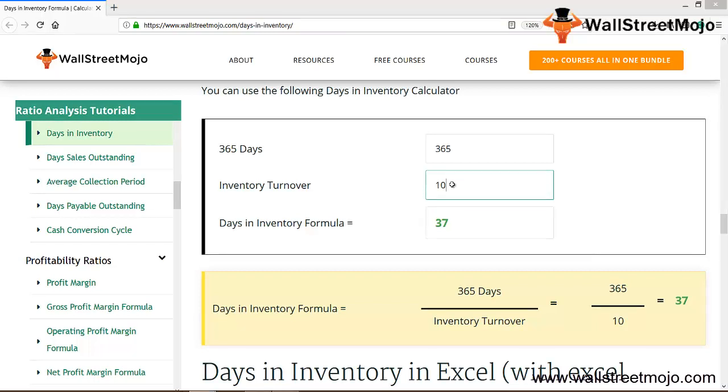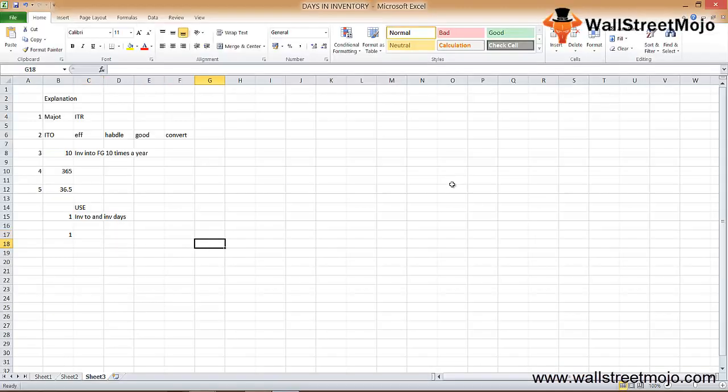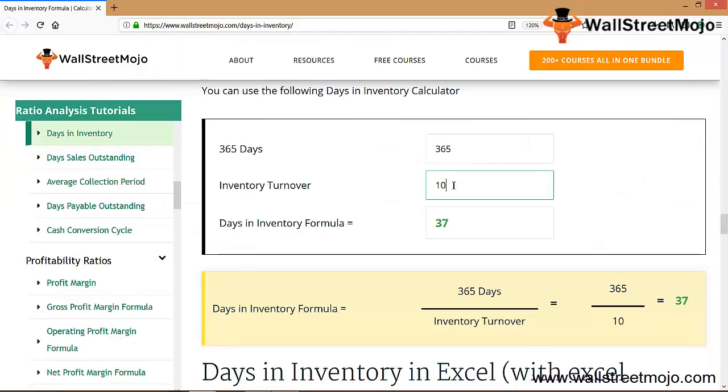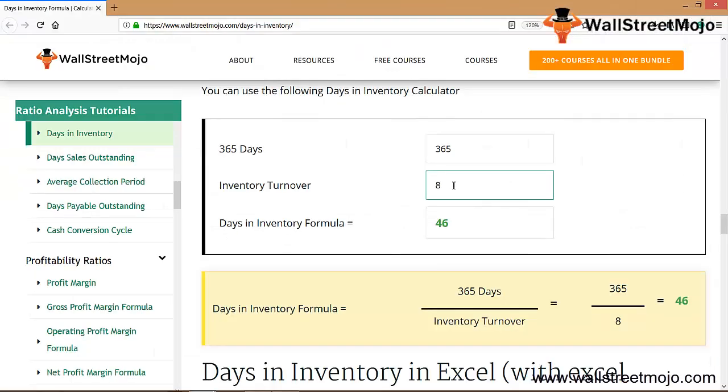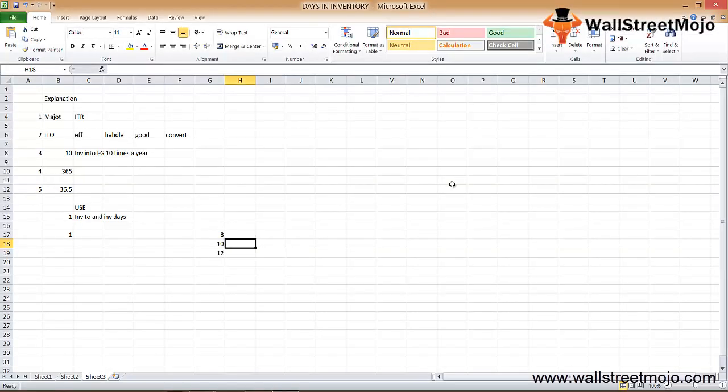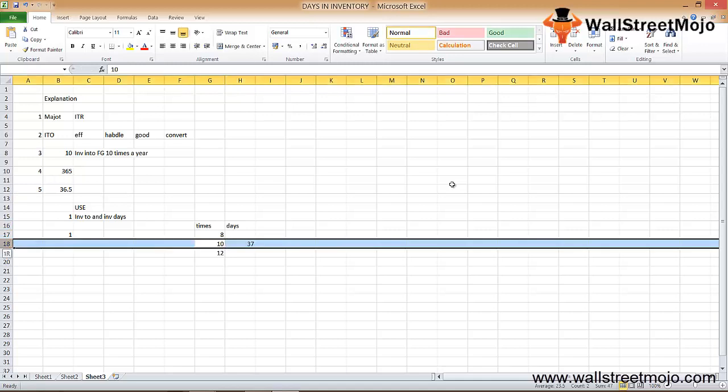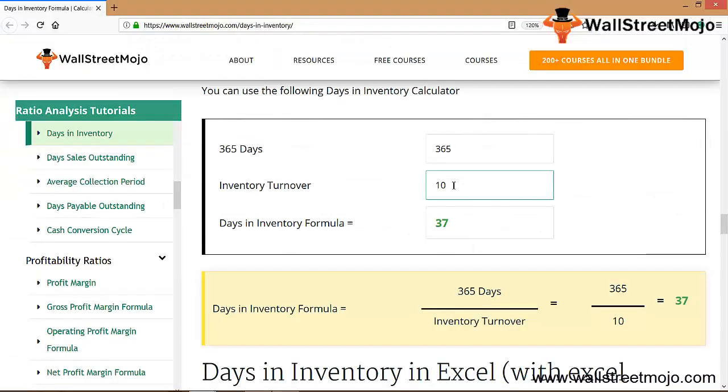So what analysis can we make? We'll try and understand that. Let's say our inventory turnover ratio goes to 8. We'll start with 10, 8 and 12. We'll make three analyses over here. If it is 10, what is the result that we get? 37, right? So 37 days it takes. These are days, these are times, right? If it is 10 times, it takes 37 days.